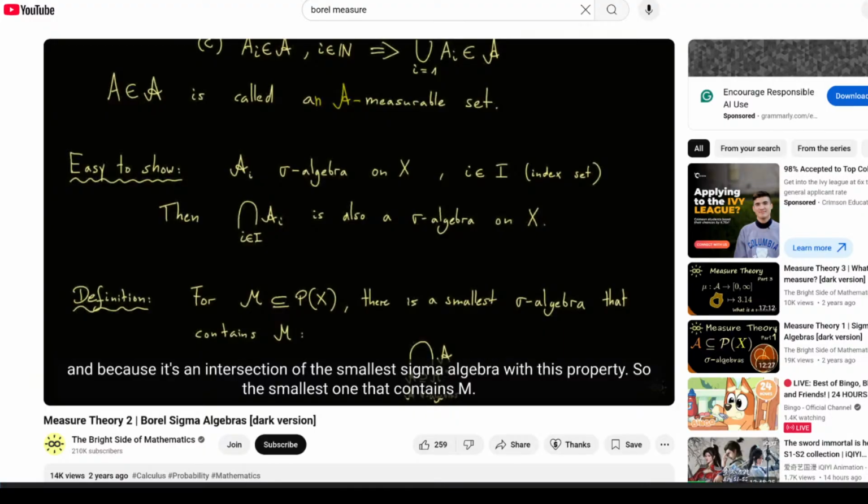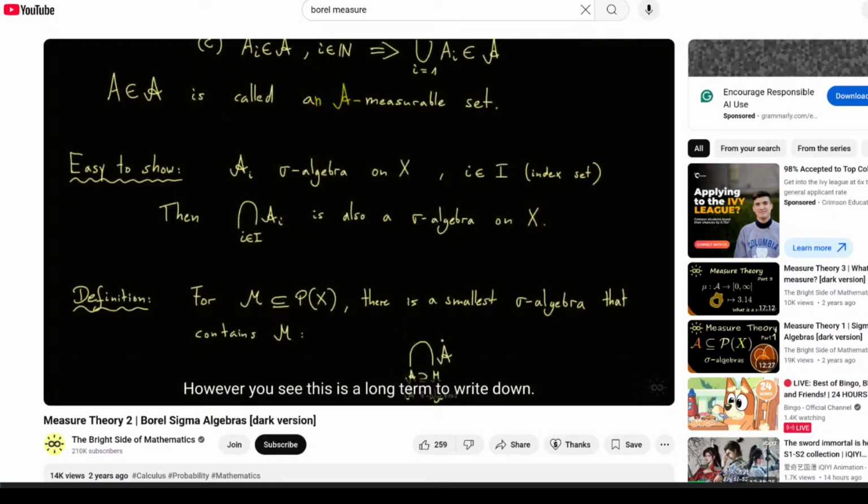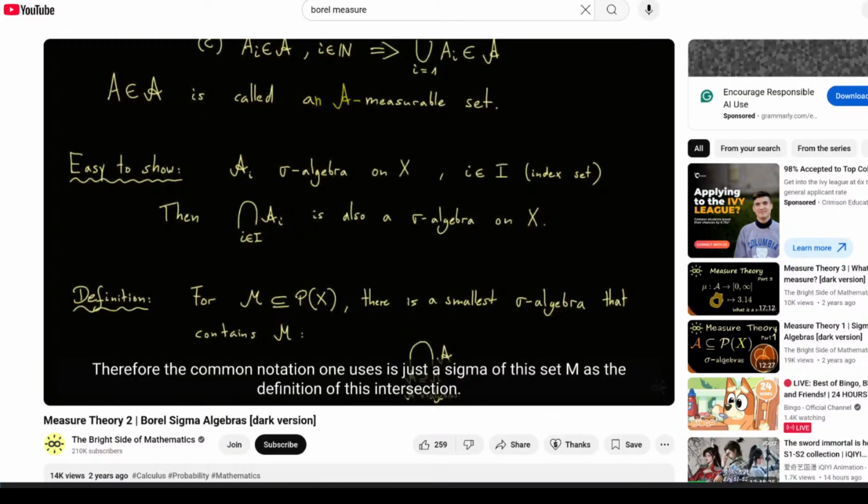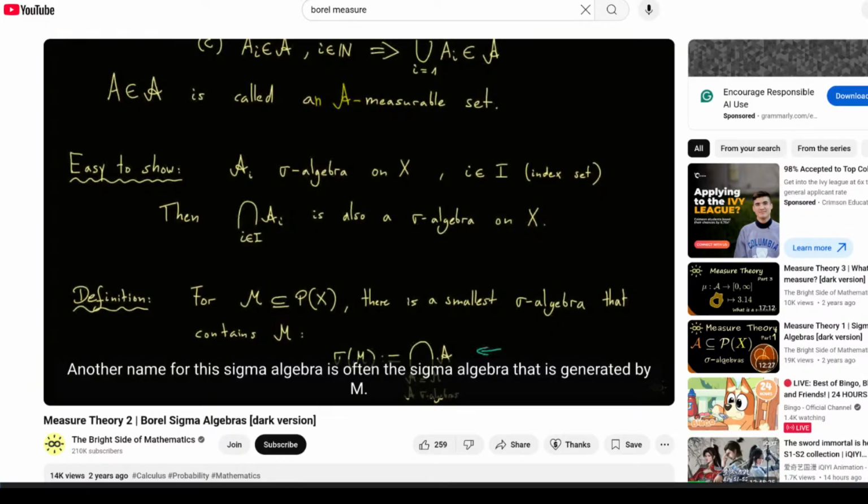So the smallest one that contains M. However, you see this is a long term to write down, therefore the common notation one uses is just a sigma of this set M as the definition of this intersection. Another name for this sigma algebra is often the sigma algebra that is generated by M.